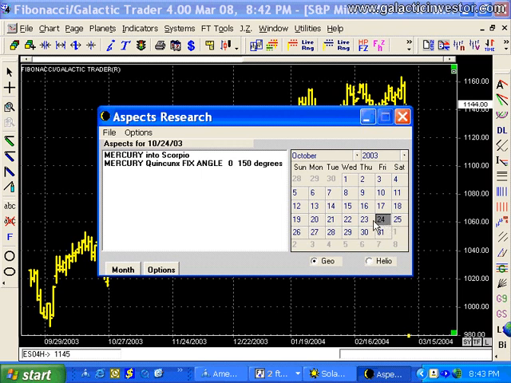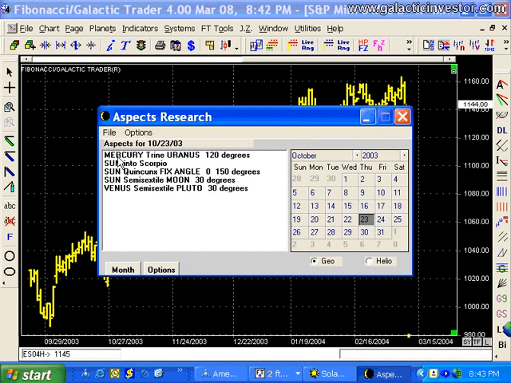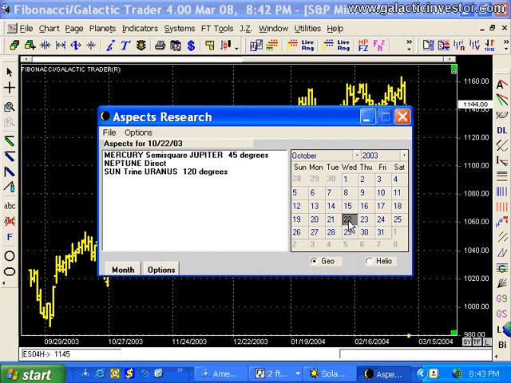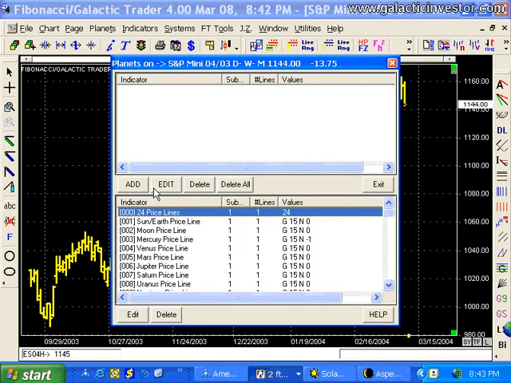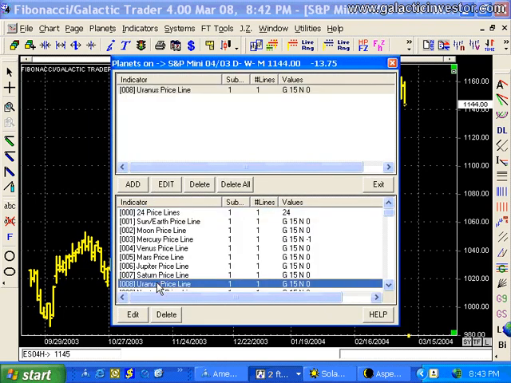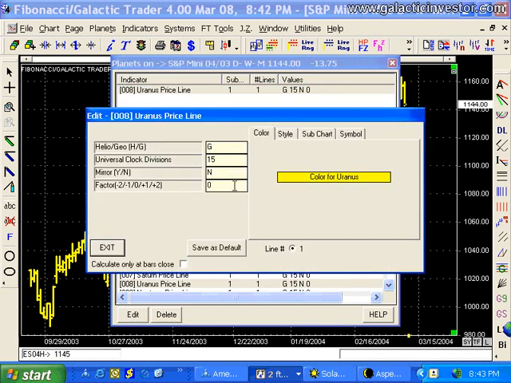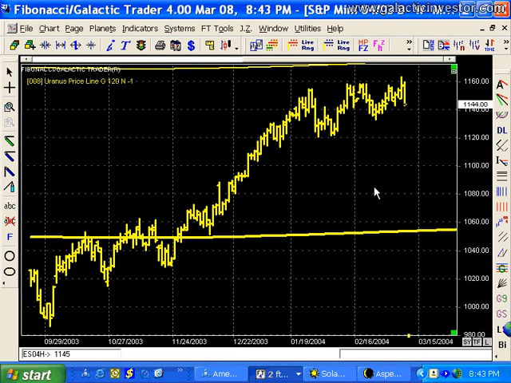We have the 24th, and we have Mercury changing signs. Let's look at the 23rd. We have Mercury trine Uranus, 120 degrees. And remember, on the 22nd, we had Sun trine Uranus. So right off the bat, we want to go to planetary lines and add Uranus at the 120 setting. So we're going to change the universal clock division to 120. Let's use a factor of -1, and let's take a look at it.